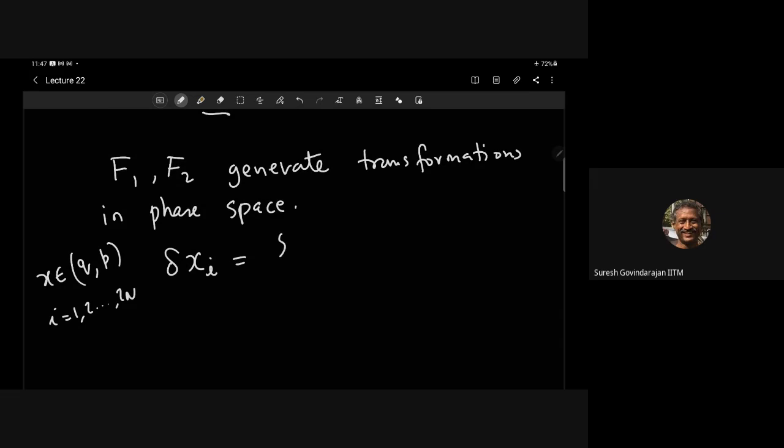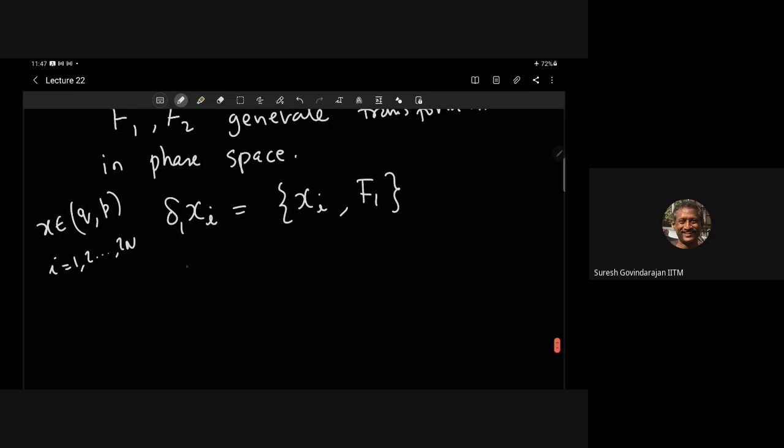Delta of x_i would be the Poisson bracket of x_i with f1. We'll call this delta 1. Similarly, what will be delta 2 of x_i? The same with f2.